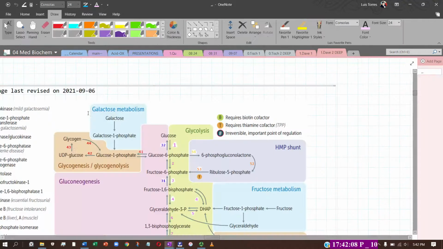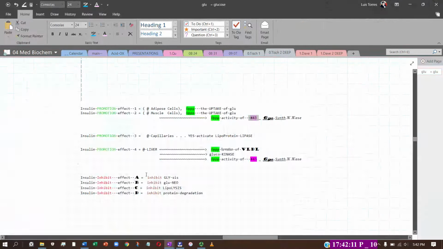Insulin is involved in making glycogen. So that's how things tie back into this diagram.